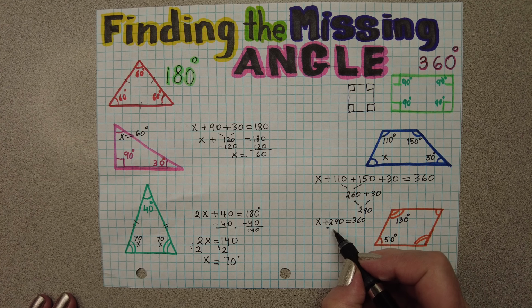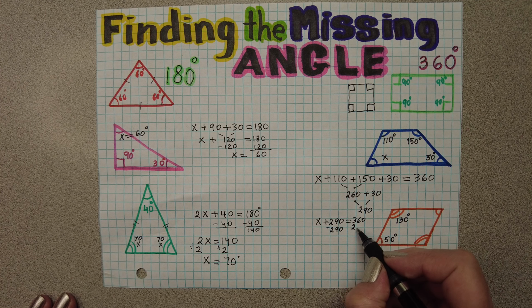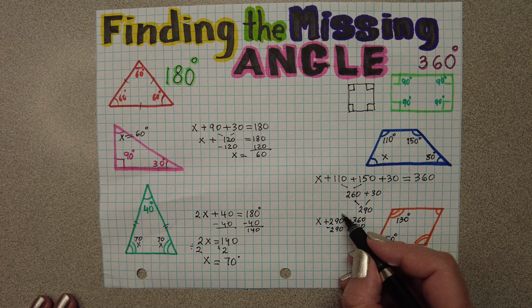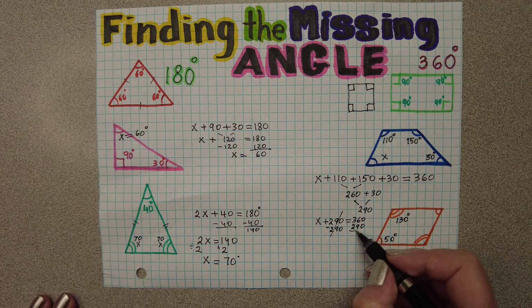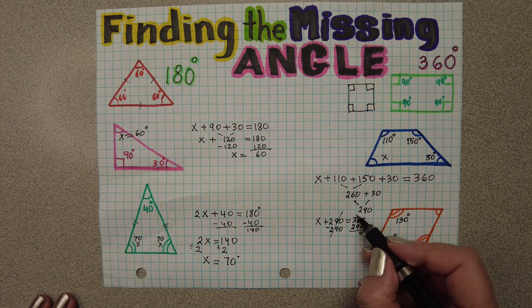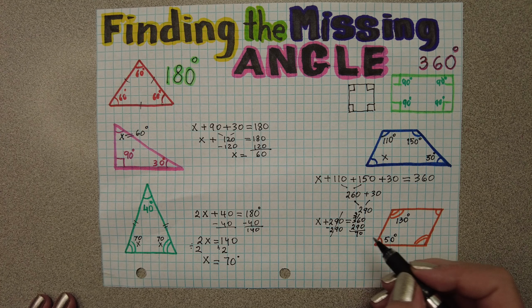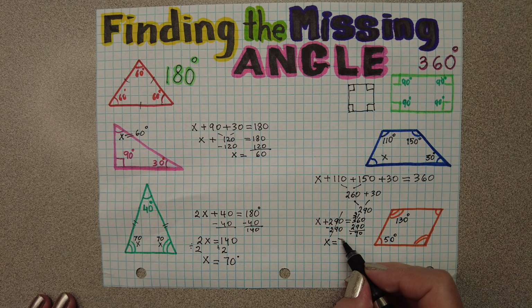We subtract 290 from both sides. This one will cancel out. Let's subtract: 0 minus 0 is 0. We regroup, this becomes 2. 16 minus 9 is 7. So we got x equals 70.